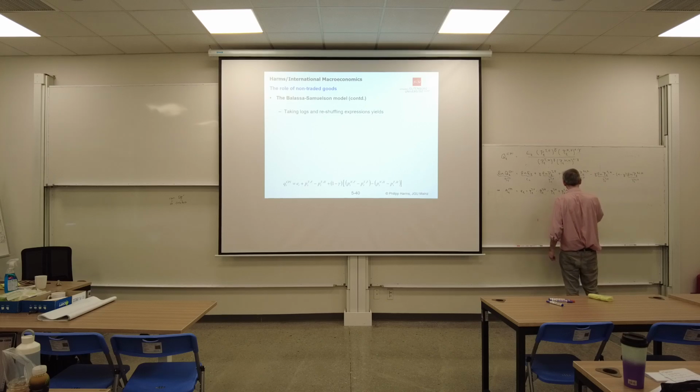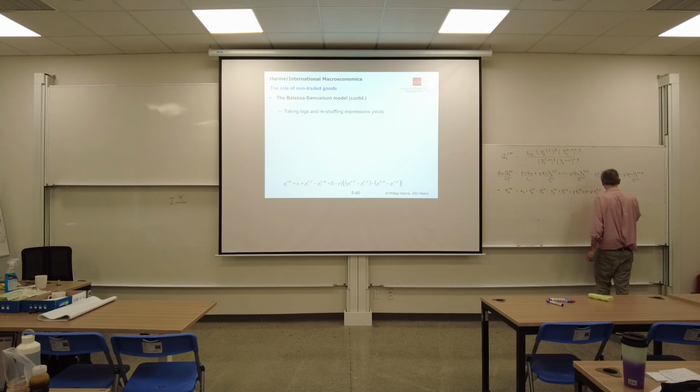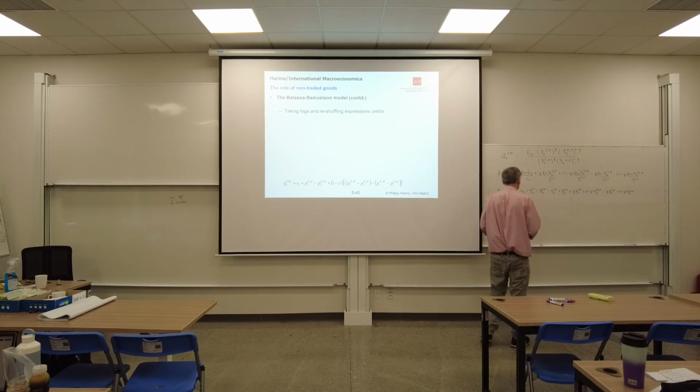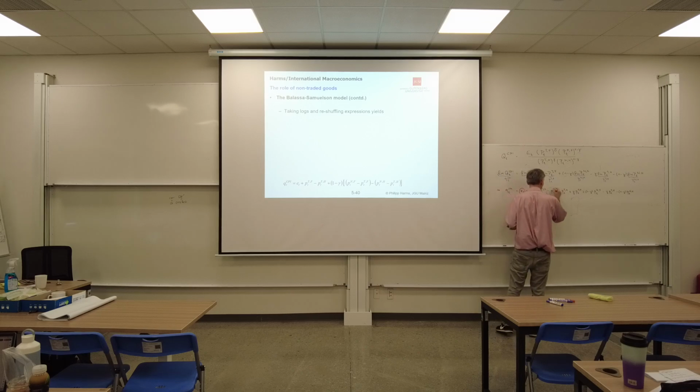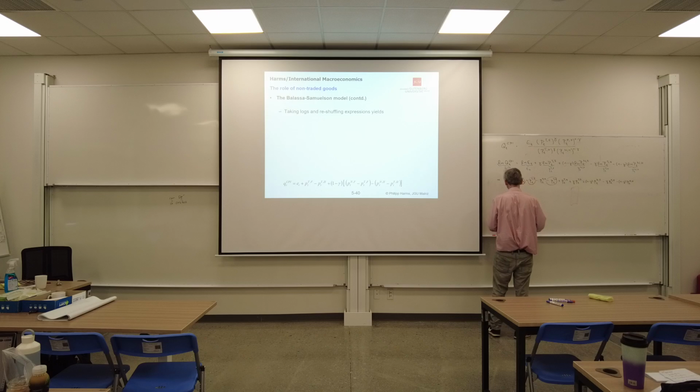Now the rest of the thing I'm just copying from above. You have PT TF plus 1 minus gamma PT NF minus gamma PT TH minus 1 minus gamma PT NH. Good. Now, take this, this, and that, and you get Qt CPI equals ET plus PT TF minus PT TH. Of course, we have a lot of leftovers here.